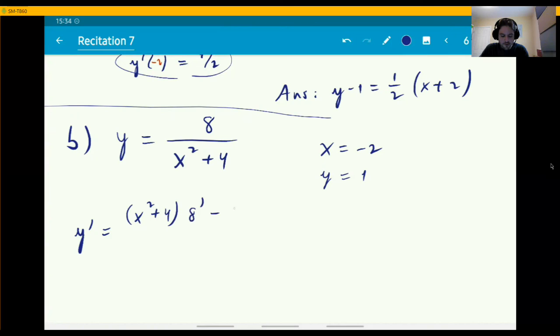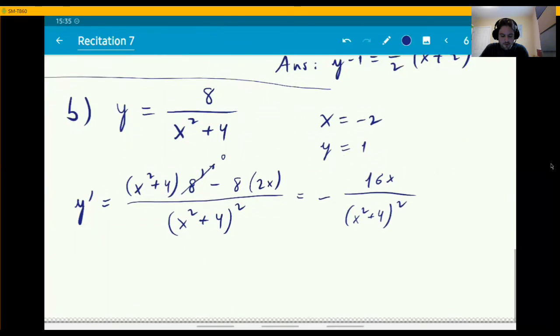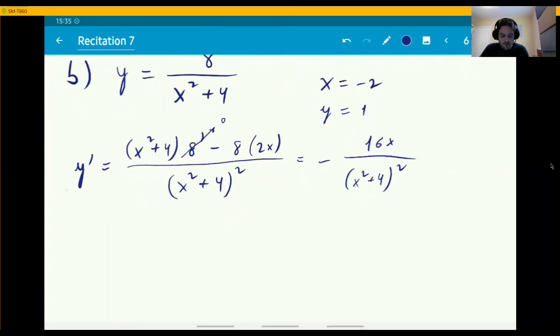So I'm just writing low d high minus high d low over low squared. But you see that whenever you have fractions where the numerator is a constant, the first term just disappears. 8 prime is 0. So what is actually left is, in this case, minus 16x divided by x squared plus 4 squared. This is the derivative, y prime, or you can say right here, y prime of x, to be more consistent with our notation.